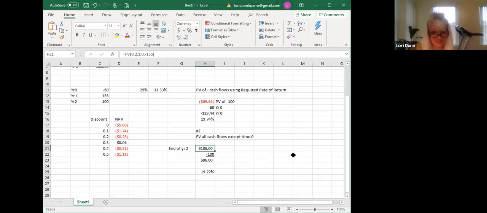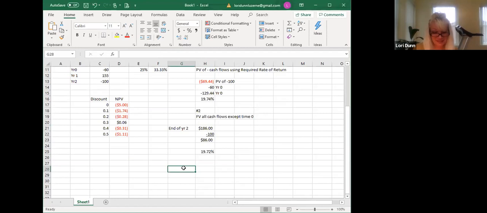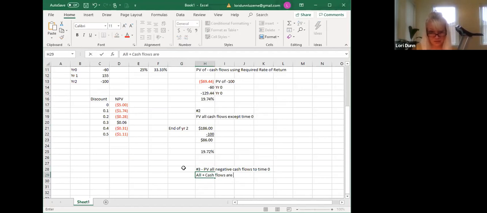We already know the negative, so number 3, we're going to present value all negative cash flows to time 0, and all positive cash flows are future valued to the end of the project.